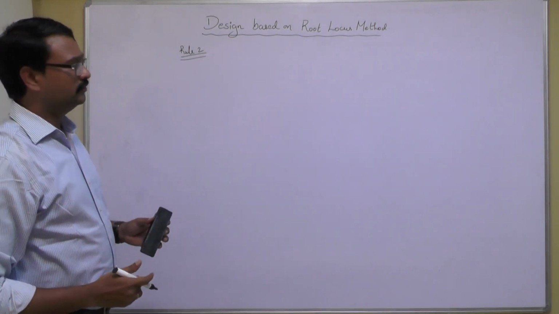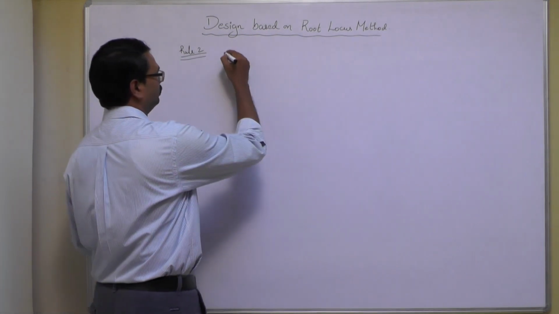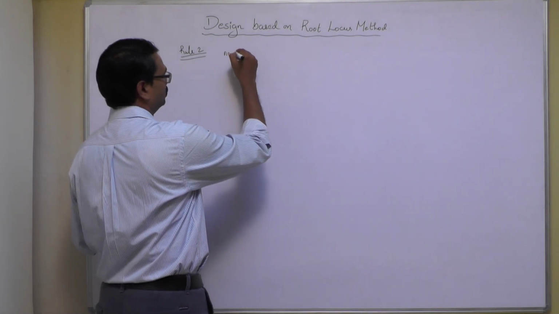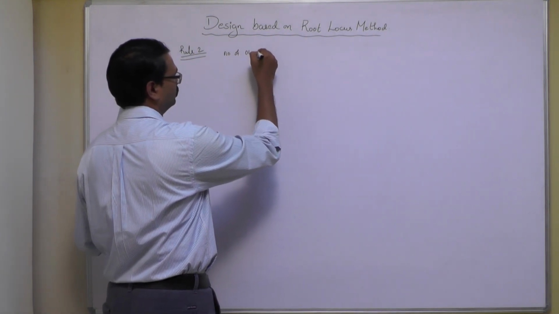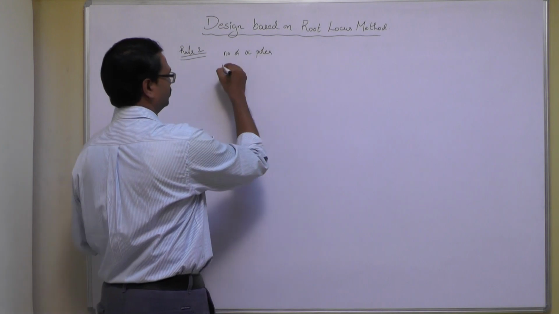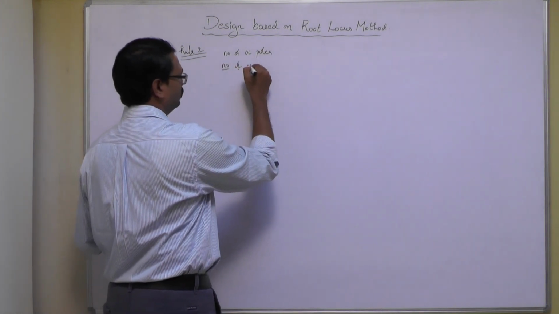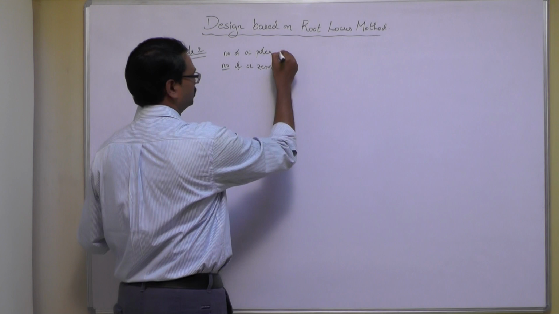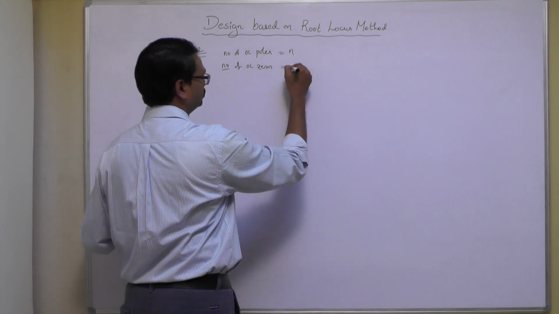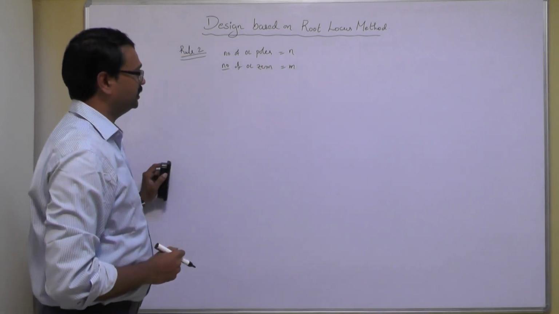In rule 2, we will have to determine the number of open loop poles. We have determined the number of open loop zeros. This is determined by m. This is n, and this is m.